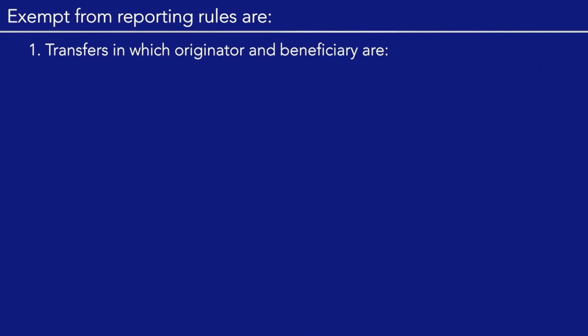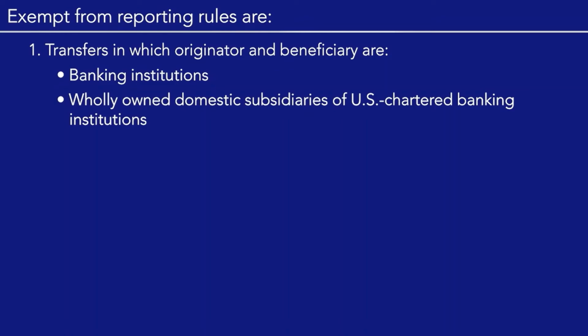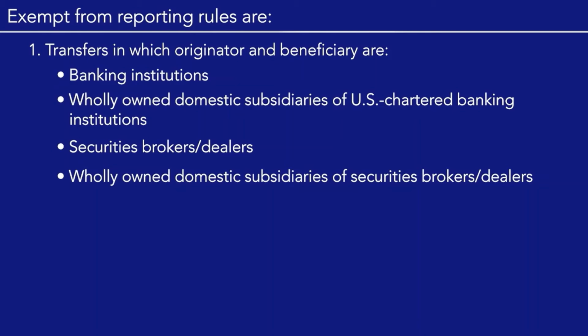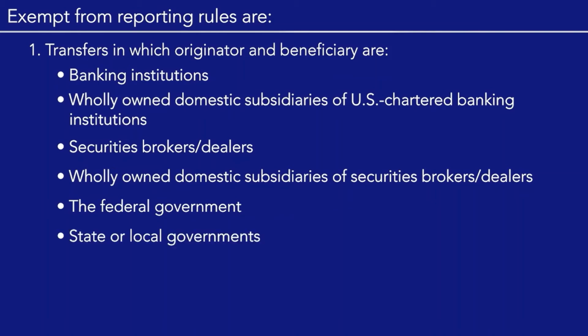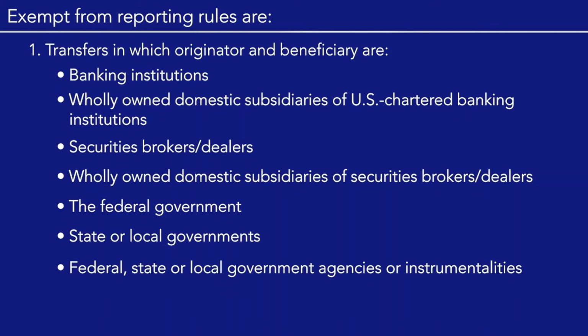Transfers in which the originator and beneficiary are any of the following: banking institutions, wholly owned domestic subsidiaries of banking institutions chartered in the U.S., brokers or dealers in securities, wholly owned domestic subsidiaries of brokers or dealers in securities, the federal government, state or local governments, or federal, state, or local government agencies or instrumentalities.